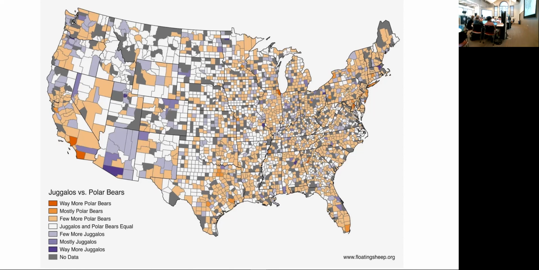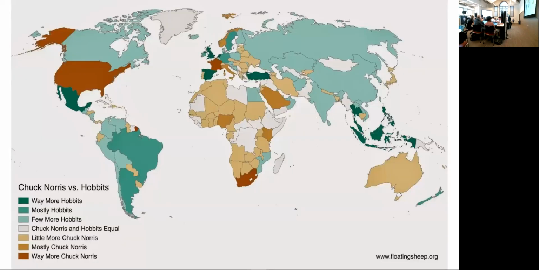I put these fun maps on here because they don't harm anyone. They're just funny, interesting maps that are very unexpected in an intro level course like this. This one, Chuck Norris versus hobbits. I am very surprised at how much Chuck Norris there is near Australia and New Zealand compared to hobbits.